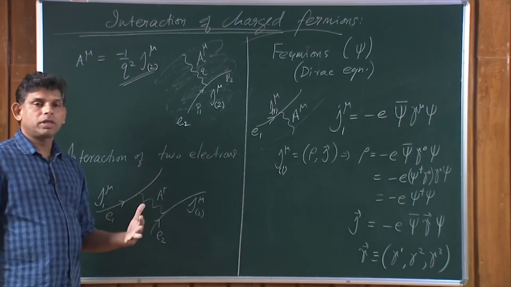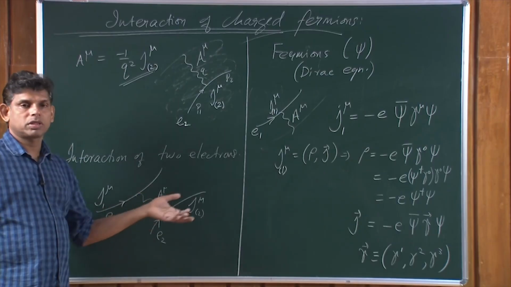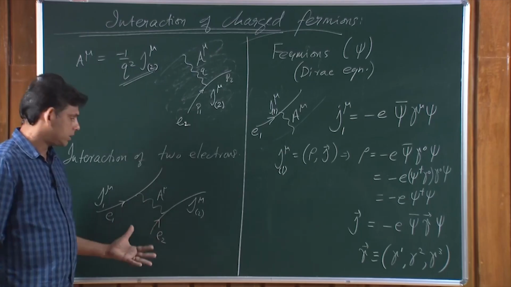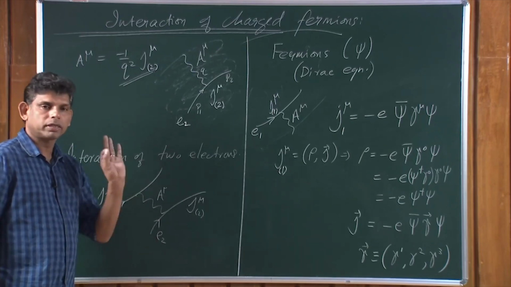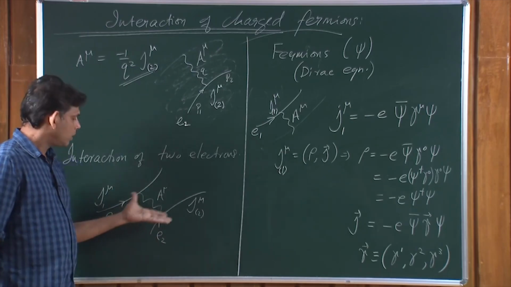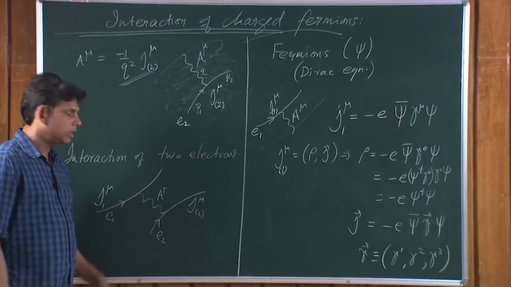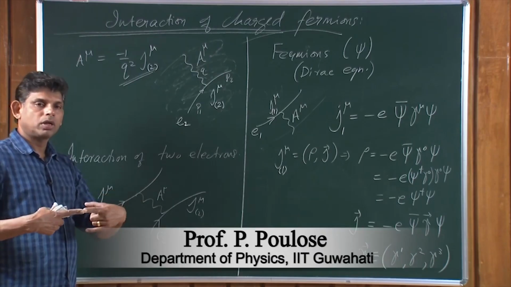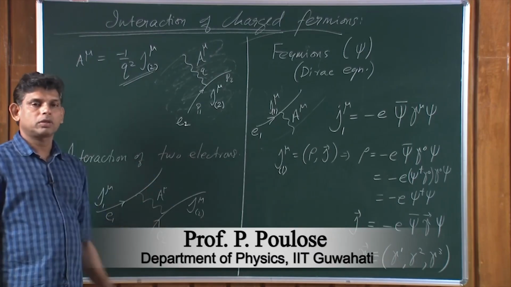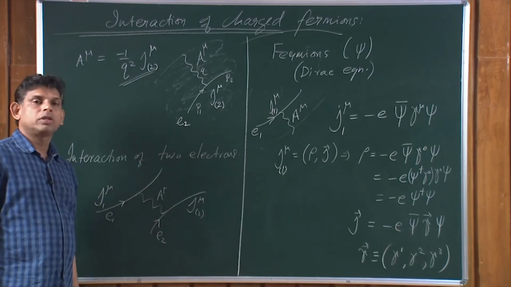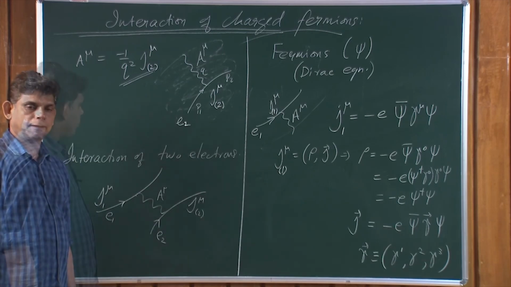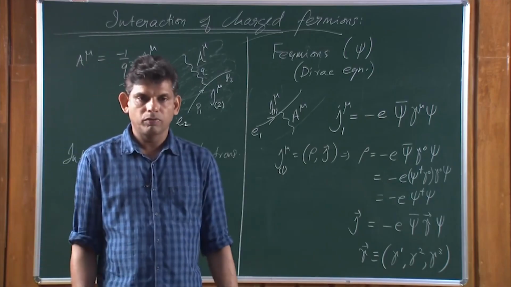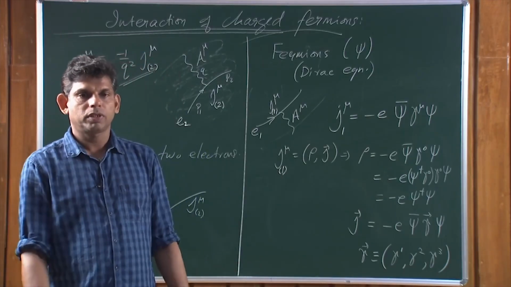In actuality it is much more complex, but the main features of this interaction can be captured, and in fact the probability for such an interaction can be calculated, or the scattering of an electron on an electron to get another electron and another electron can be captured very easily by this. I will stop here and then we will discuss further in the next lecture.